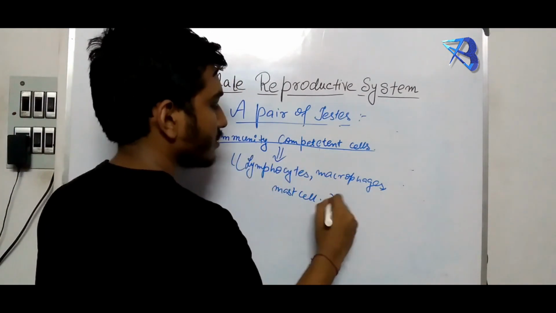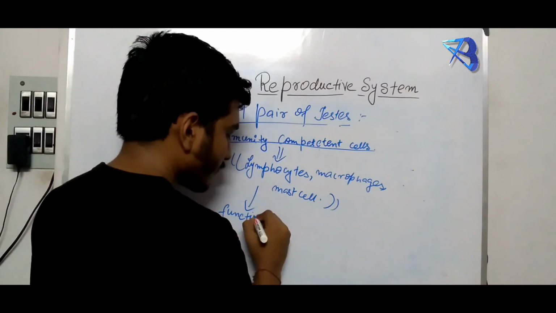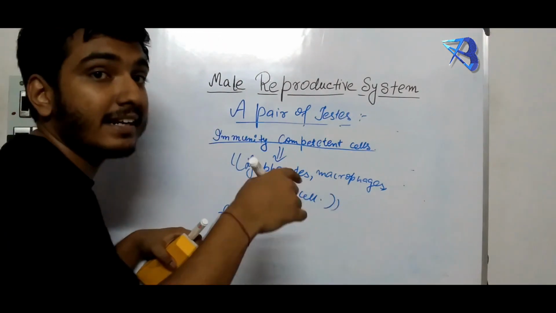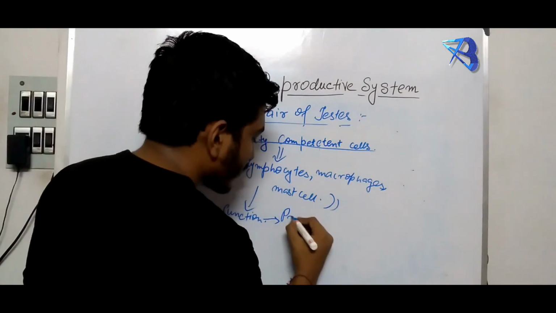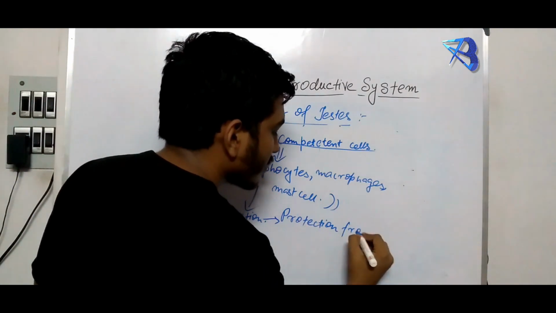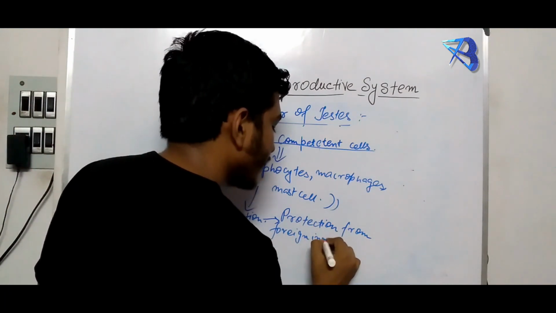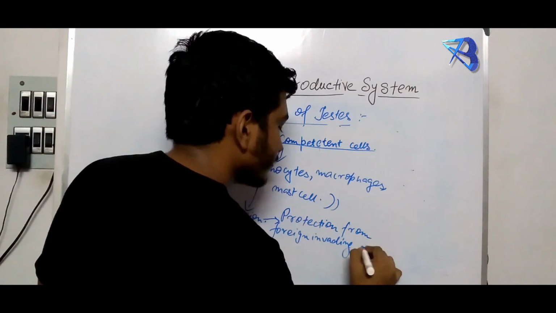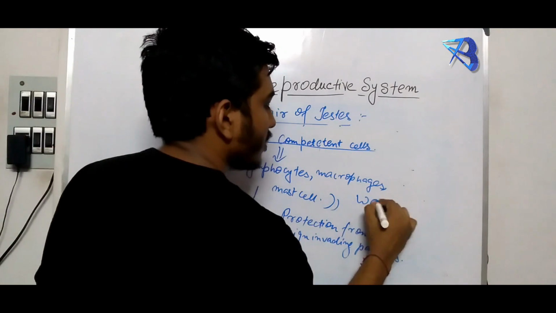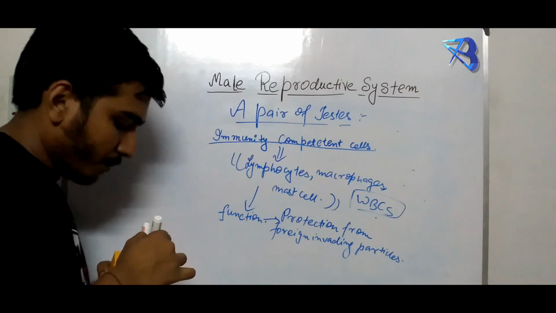What is the function? The function is protection from foreign invading particles. These are the WBCs actually. Okay, so these were the immunocompetent cells.